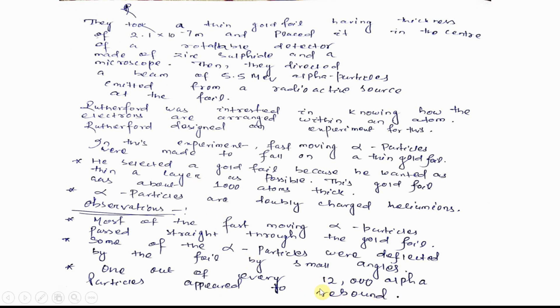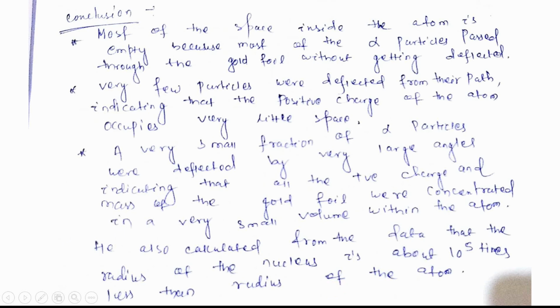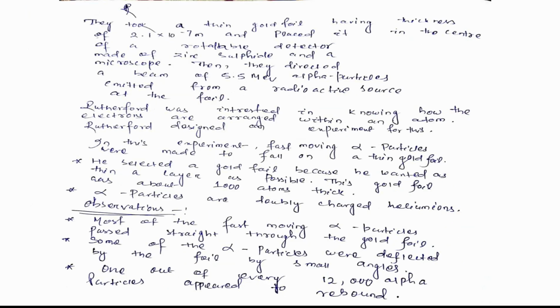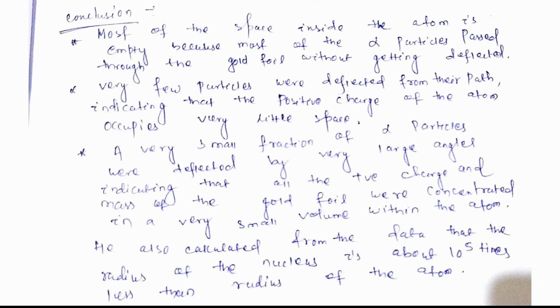So what did he conclude from this model? He concluded that most of the space inside the atom is empty, because since empty space is there, most of the alpha particles pass through the gold foil without getting deflected. And the next conclusion: very few particles were deflected from their path, indicating that the positive charge of the atom occupies very little space.